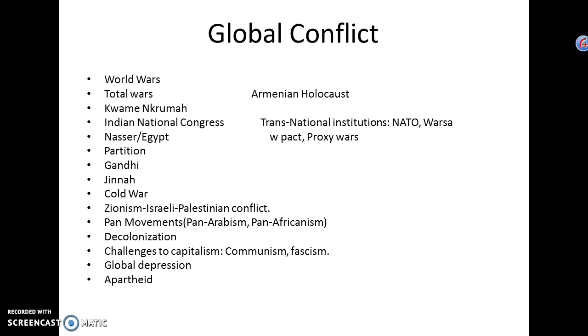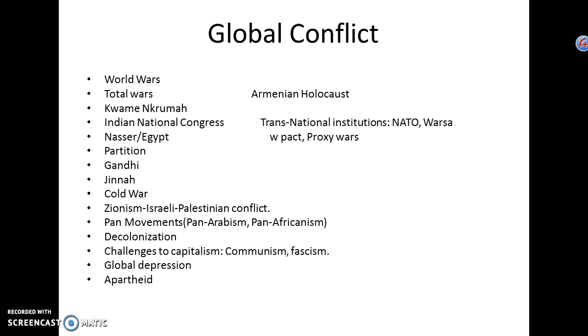Nationalism is a major continuity here between the modern era and the contemporary era. Nationalism, remember, begins with the Enlightenment and the Atlantic Revolutions, and it really fosters nationalism in this contemporary era. Nationalism goes hand in hand with decolonization. The Indian National Congress is one great example. Kwame Nkrumah was a nationalist leader.